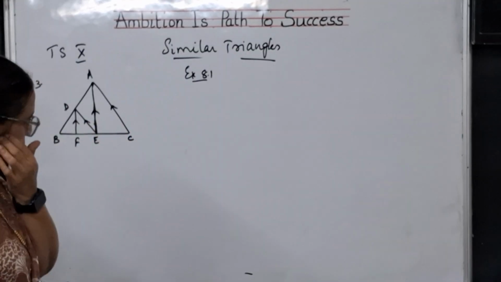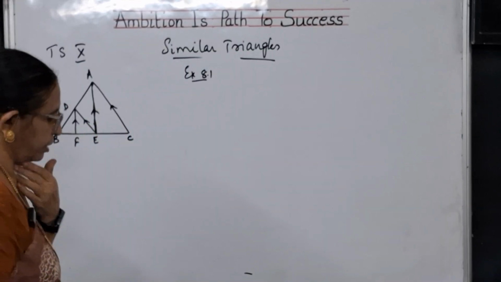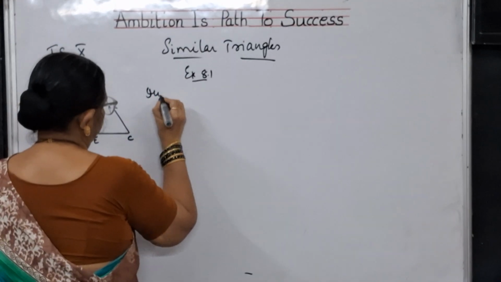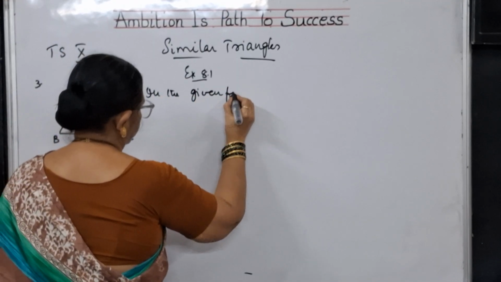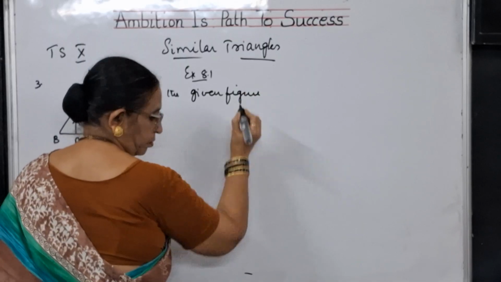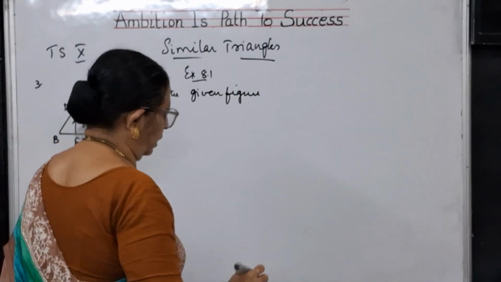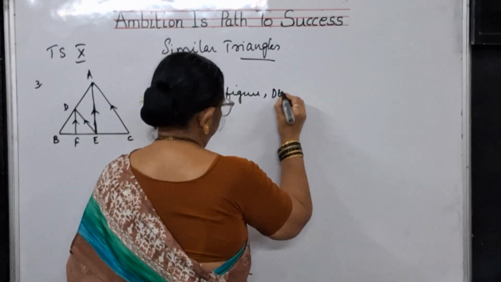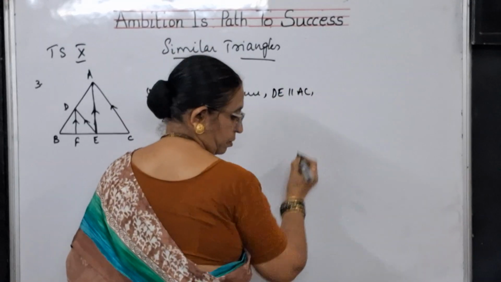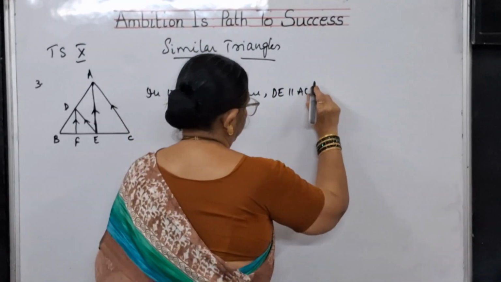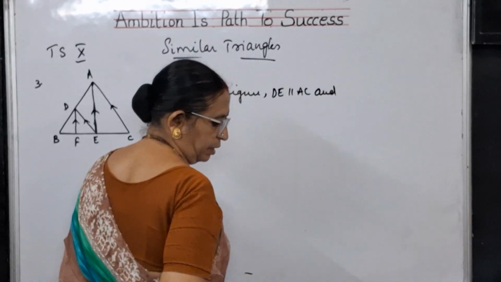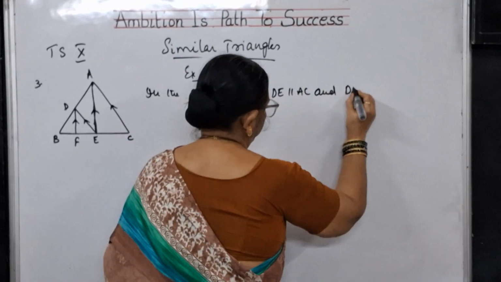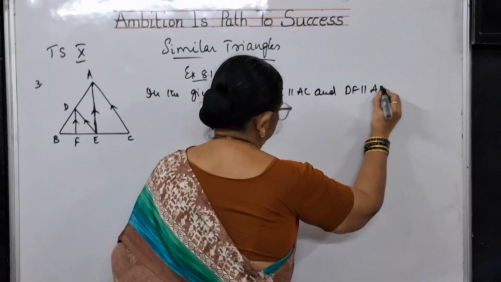So this is the figure given to us, and the problem is, in the given figure, DE is parallel to AC and DF is parallel to AE.